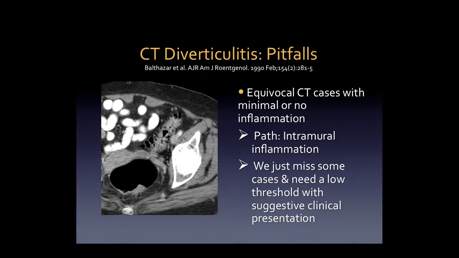So I actually have a pretty low threshold for calling mild, acute, uncomplicated diverticulitis, because this isn't something like where you overcall appendicitis and they're going to the OR. You overcall it a bit, and they're getting some antibiotics and going home. So I tend to have a high index of suspicion in the appropriate clinical setting.